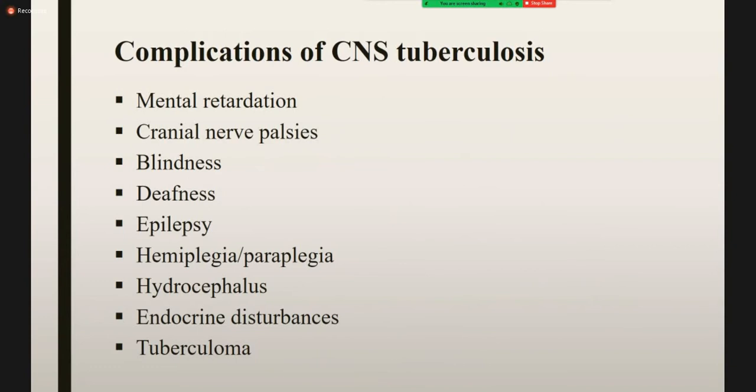What we now know is that it's a chronic process, and it's very difficult to treat, and also very difficult to diagnose. You should have a high index of clinical suspicion.